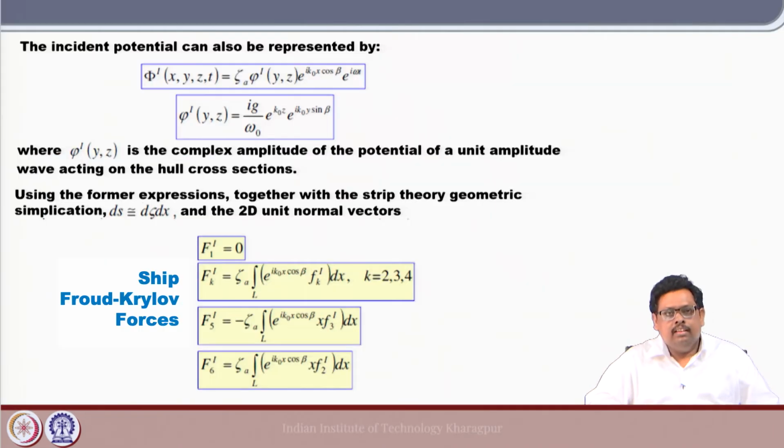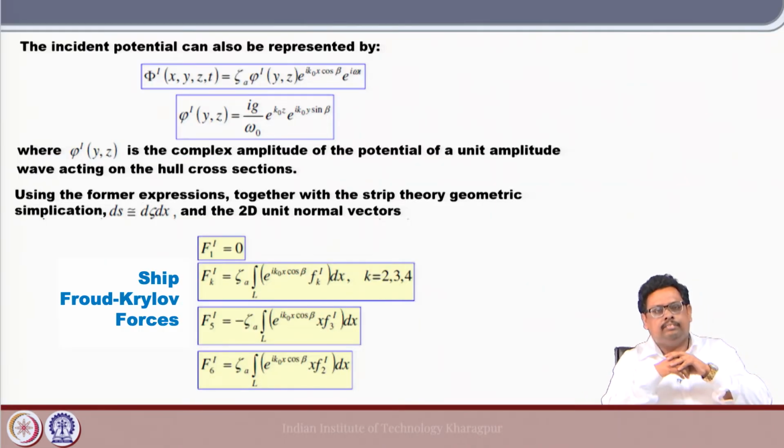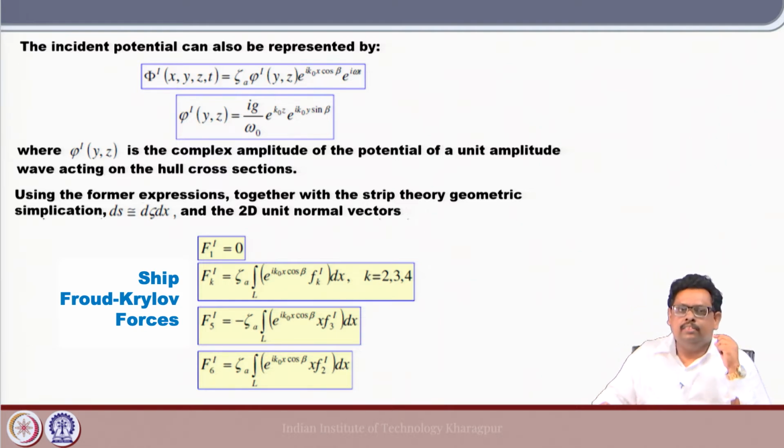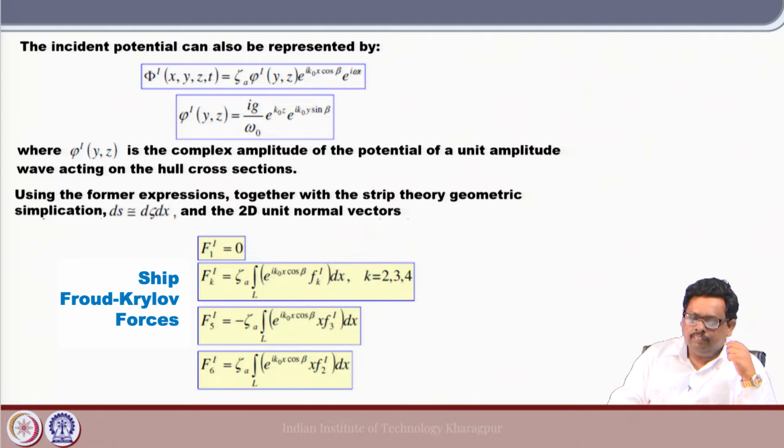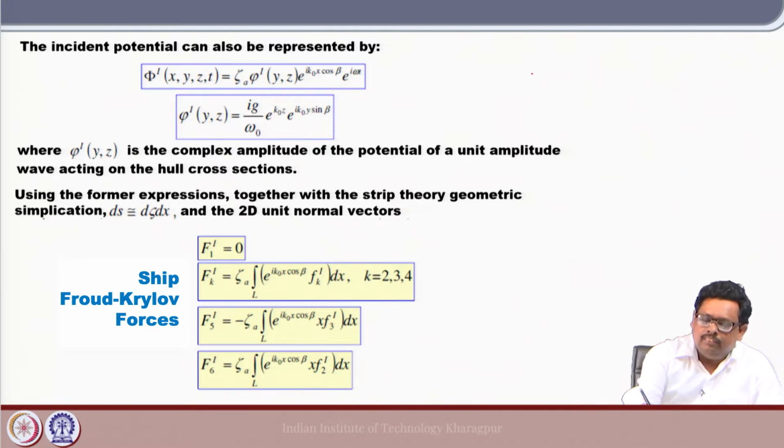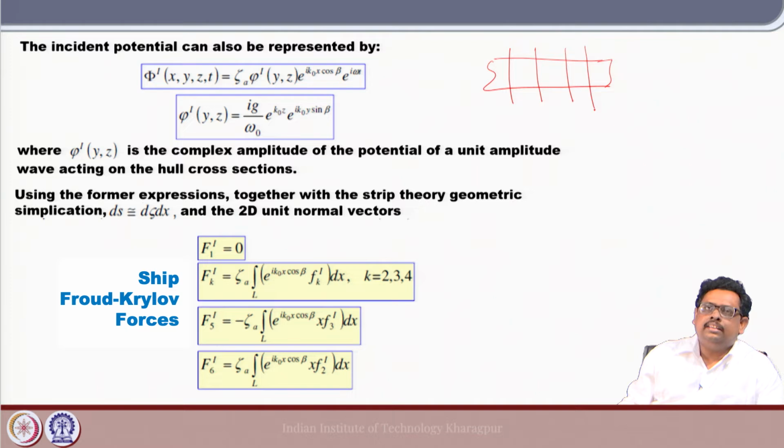So, now in the last class we discussed that to get the total fluid scalar force over the body, we do as follows. We take a shape, and then we take the cross sections, and for each cross section, the sectional fluid scalar force is written by the small f.